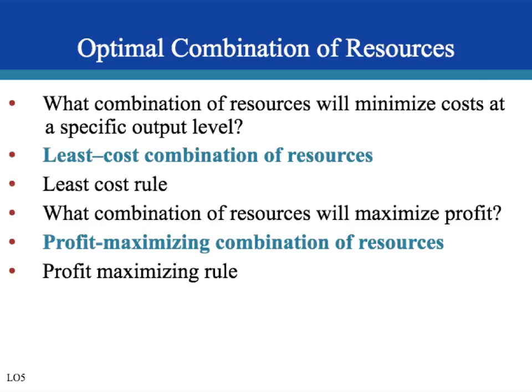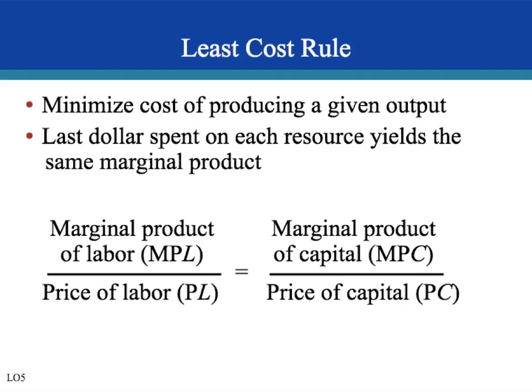So we're going to look at what combination of resources cost the least and what combination of resources will maximize profit. Okay. So if we want to look at which combination of resources will minimize cost, then we need to find where the marginal product of labor divided by the price of labor equals the marginal product of capital divided by the price of capital.